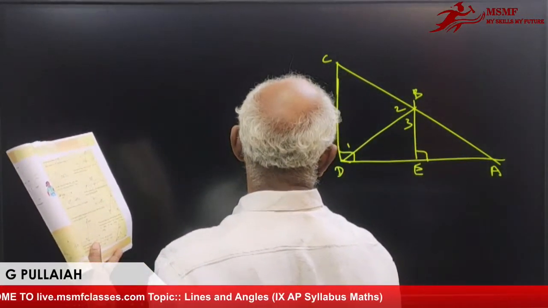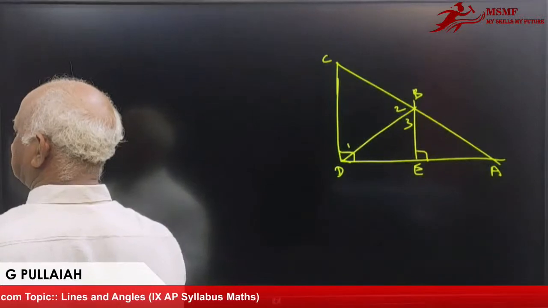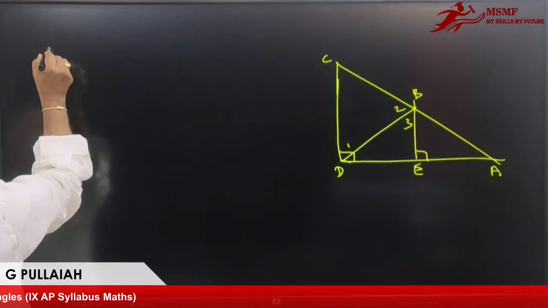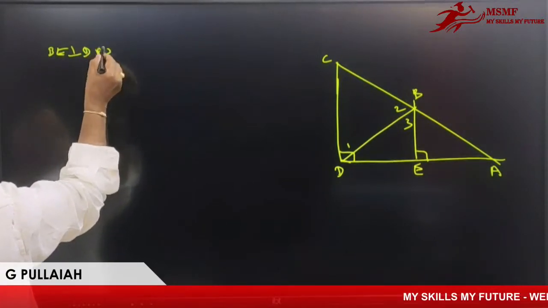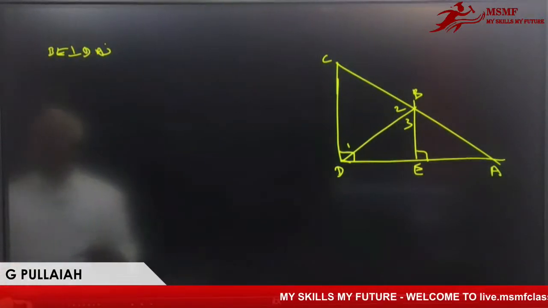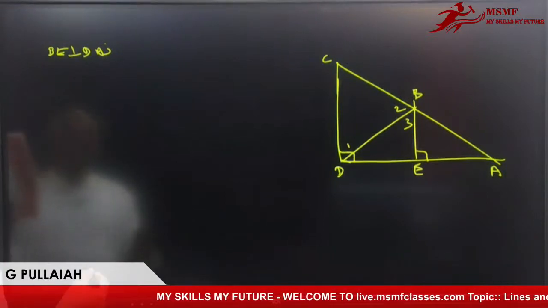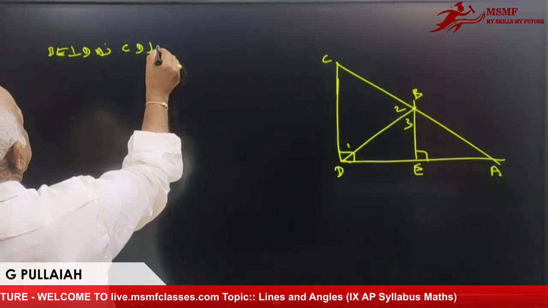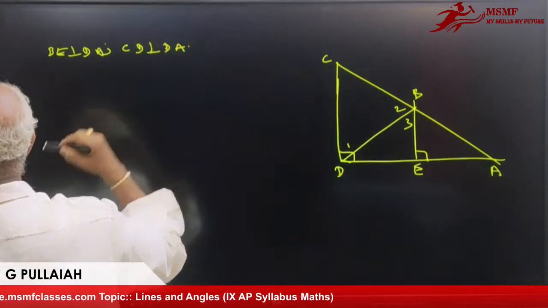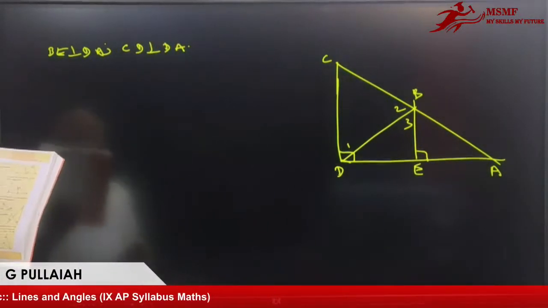So here it is given that BE is perpendicular to DA and CD is also perpendicular to DA.